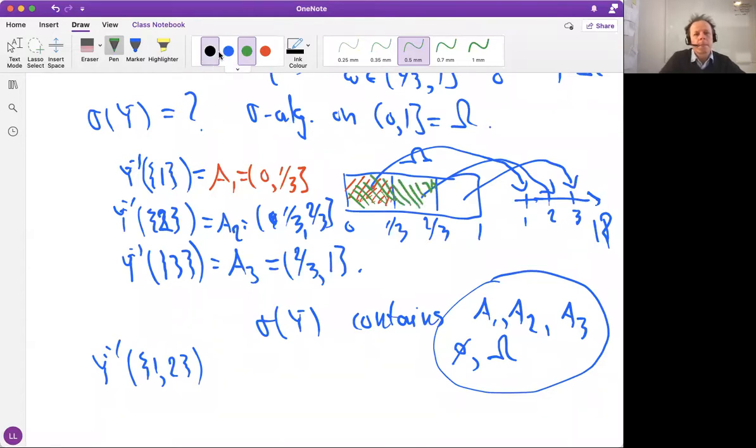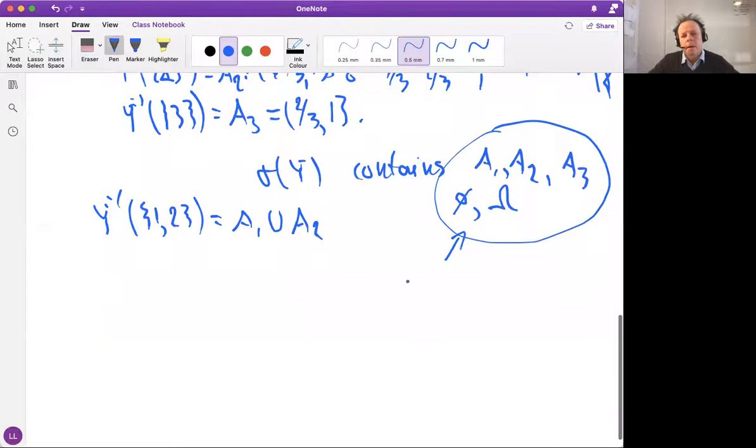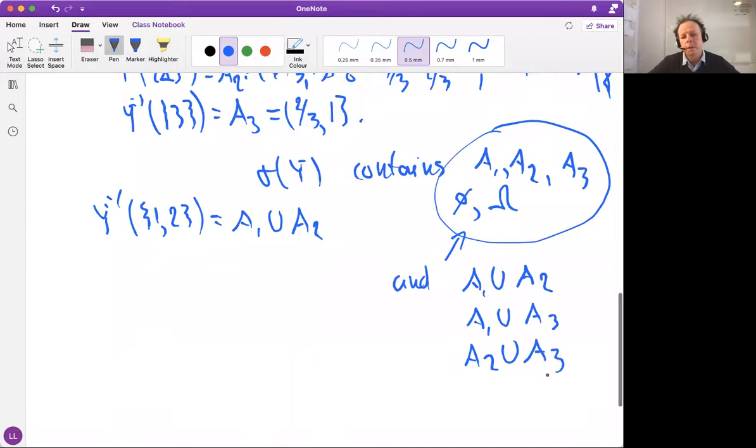So this is A1 union A2. And that set is also there. So we can write the set A1 union A2. And what else? Well, A1 union A3, of course, and then A2 union A3, this type of unions it should contain.